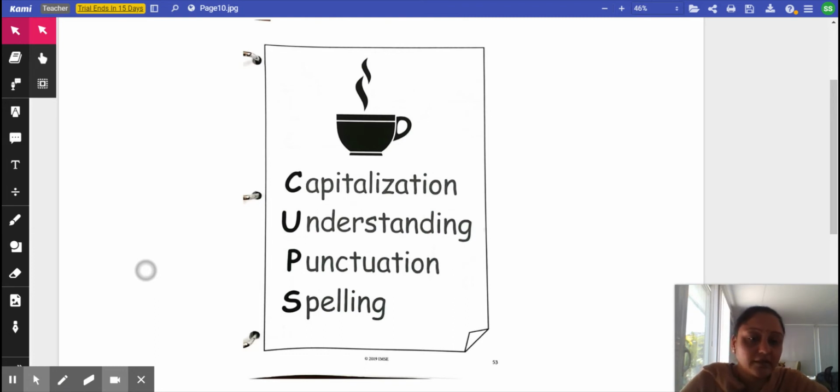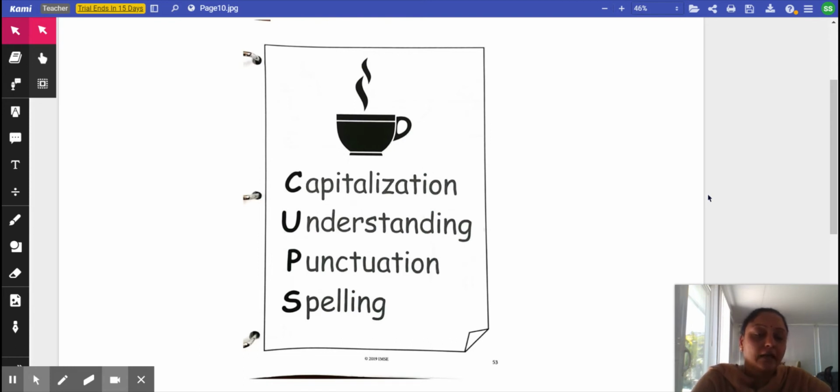Not that cops are threatening, but to some families that might be. So we are trying to use cups. C stands for capitalization, U stands for understanding, P stands for punctuation, and S stands for spelling.